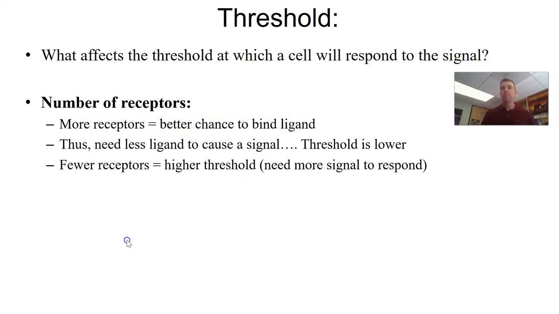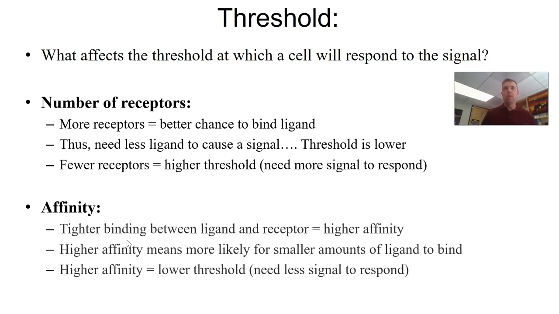The other thing that affects this is affinity. So affinity is defined as how tightly the ligand binds to the receptor. So what do you think about affinity? Would tighter binding ligand to receptor cause a higher threshold or a lower threshold? Well, tighter binding is going to give you higher affinity.